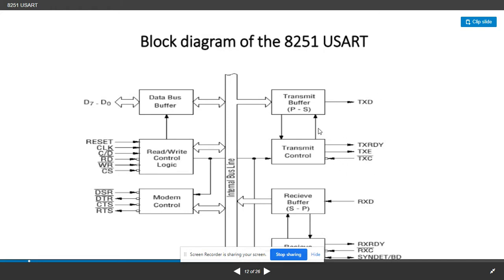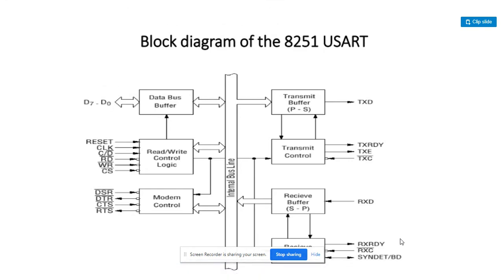This is the transmitter section. Similarly, this is the receiver section. In the receiver section, there are signals called receive data, receive ready, receive control, and SYNDET, which controls the synchronization and baud rate of transmission.